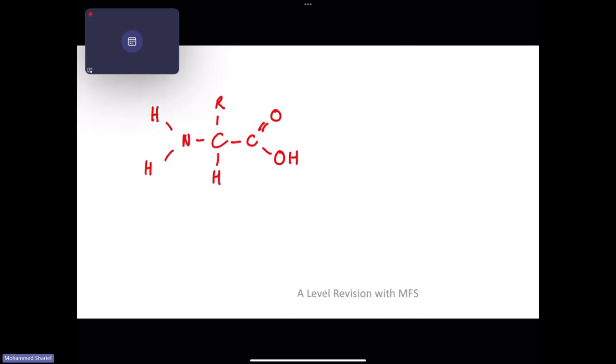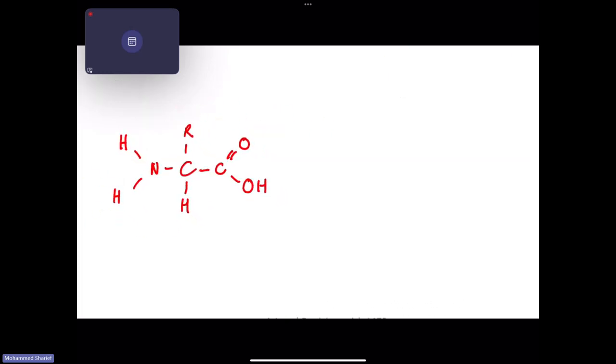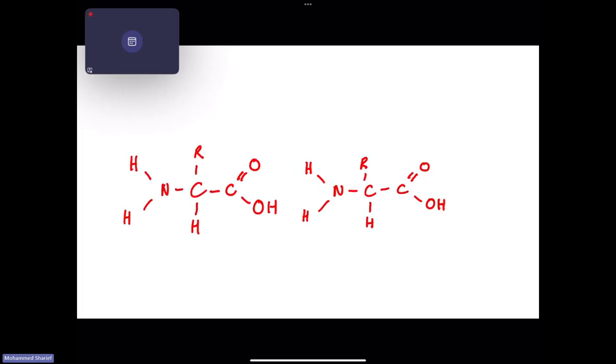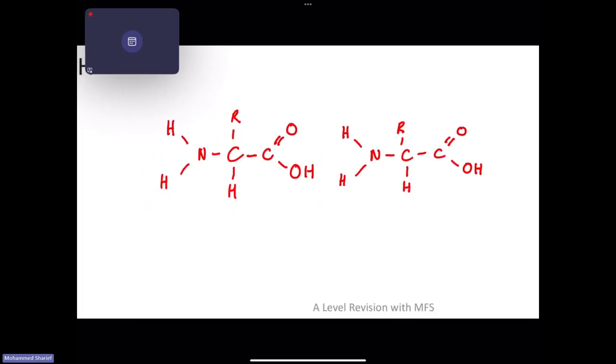Okay, now if this is one amino acid, clearly in order to start forming the protein, we're going to need more than one amino acid. So I'm just going to draw another amino acid here. Okay, we've got another amino acid. Now where can you see a molecule of water being released in the process?